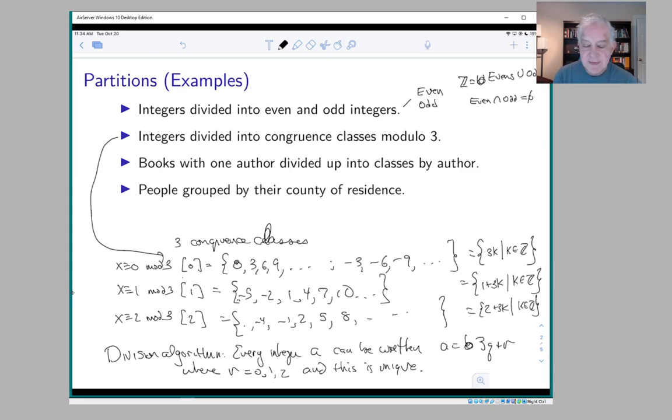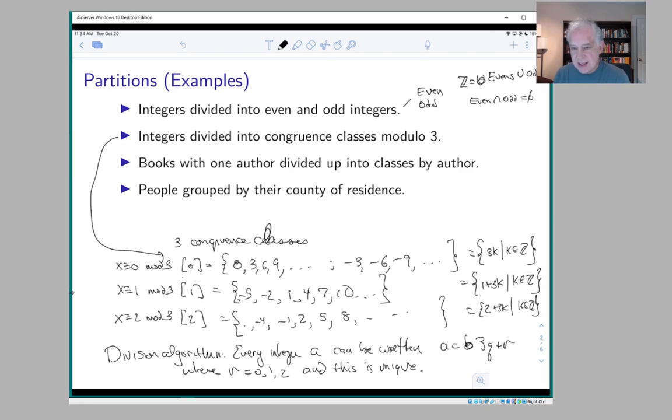And then just to give a couple of non-numerical examples, we talked about the books with one author, and the equivalence relation was that they had the same author. Well, the equivalence classes then are all the books by a given author. And the partition is you take the collection of books and you divide them up into classes based on who the author is.